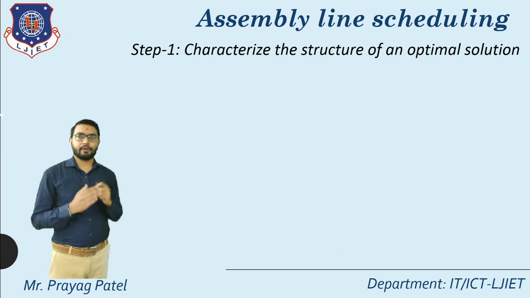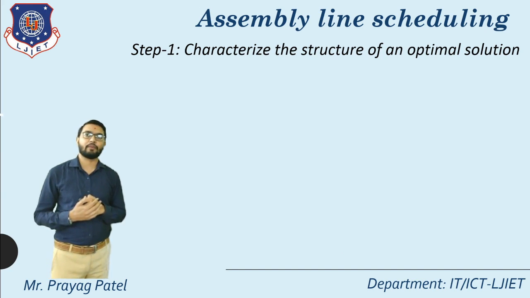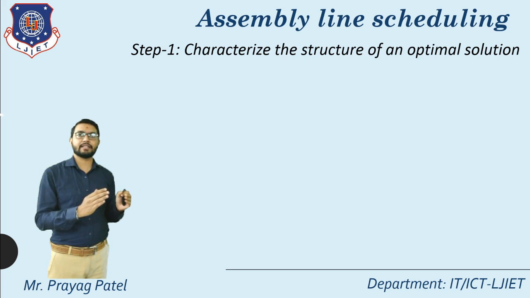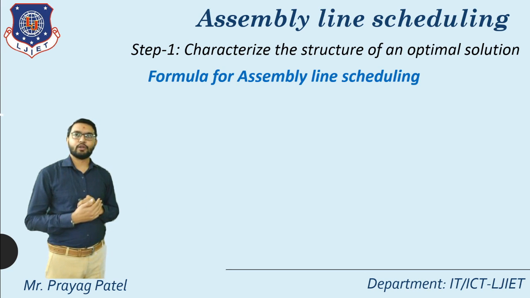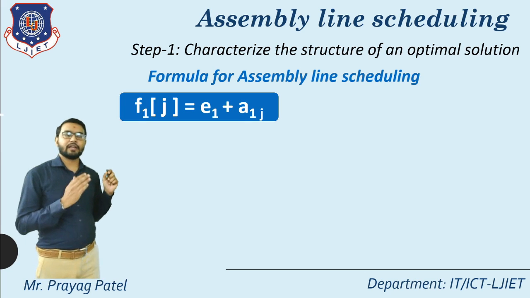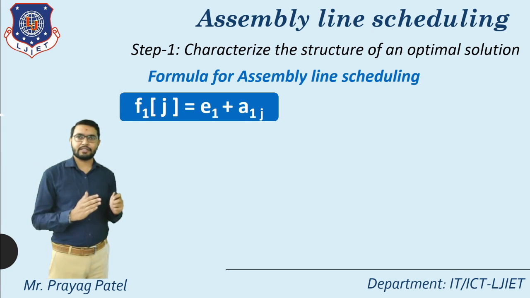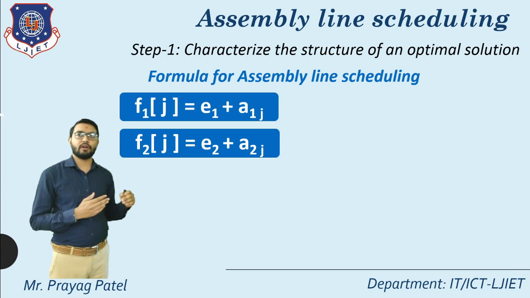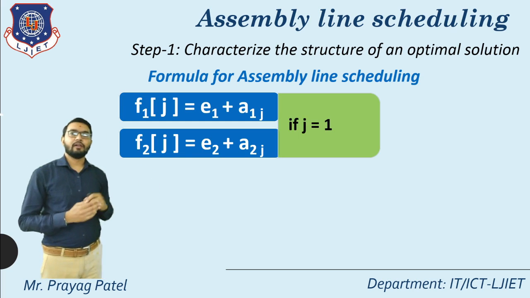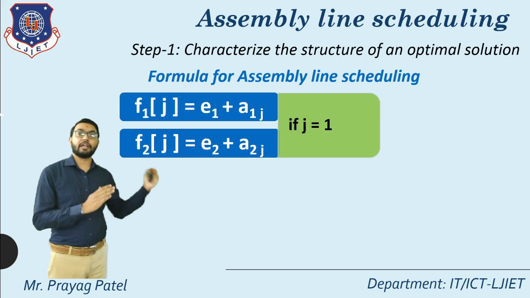Consider the first step of the dynamic programming algorithm. What is the first step? Characterize the structure of an optimal solution, which means you can derive the formulas for assembly line scheduling. Now what is the formula? Initially there are two formulas for initialization: F1j equal to E1 plus A1j and F2j equal to E2 plus A2j for j equal to 1.